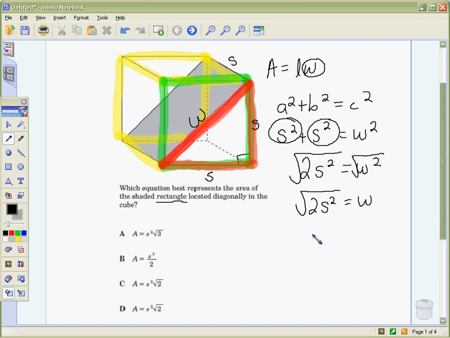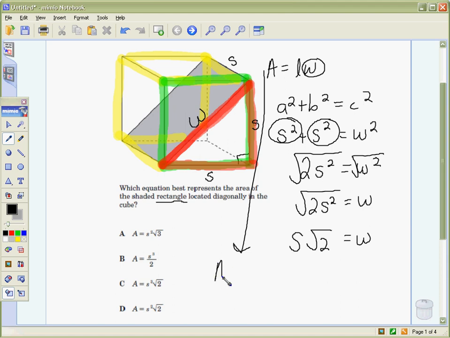So one of the s's comes out and I'm left with a 2 inside. So w is equal to s times the square root of 2. What I found is that my length is s, and my width is s root 2.